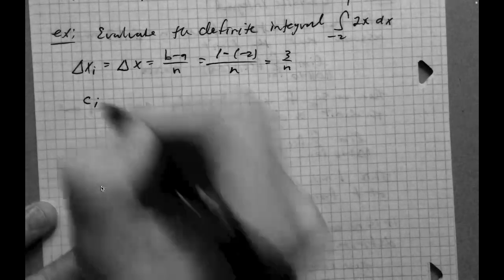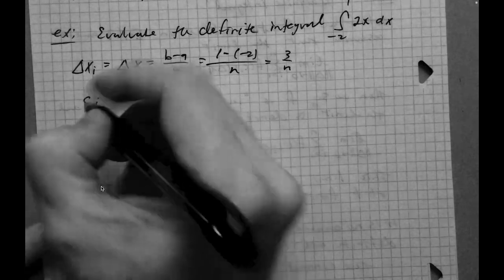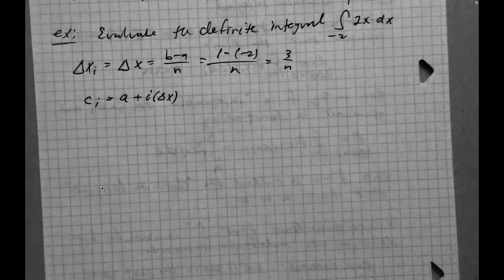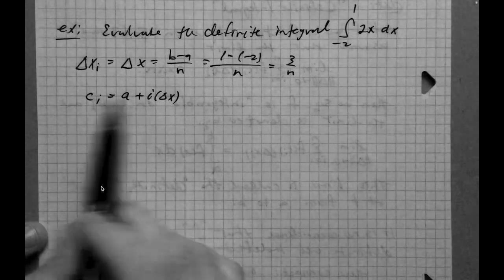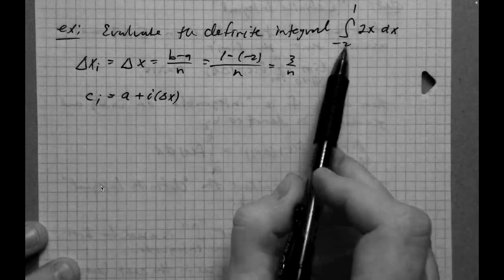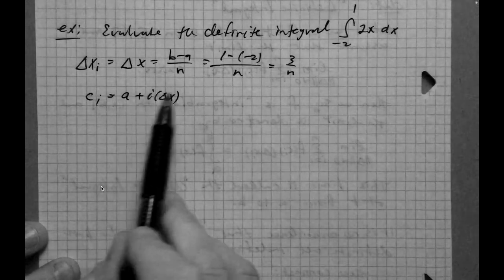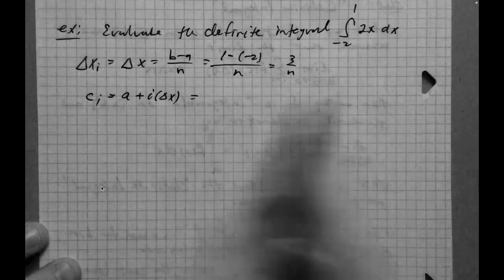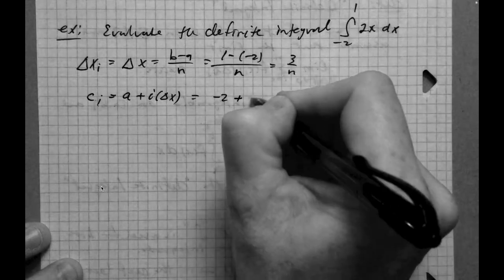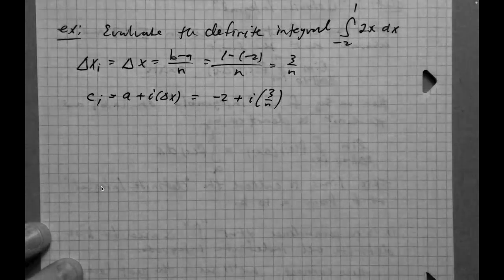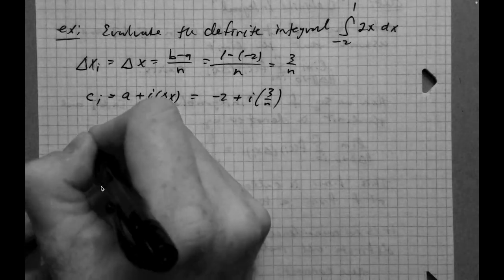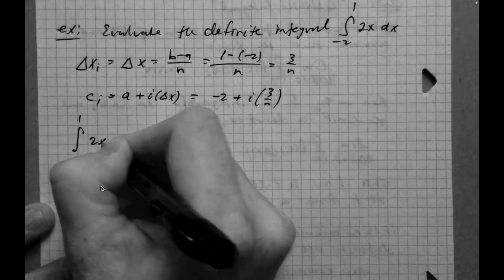And ci we can set up to be a plus i times delta x, where a is the lower endpoint. In the case of this exact example, that would be -2 as the lower bound, plus i times 3 over n. And so then we can calculate this integral, the integral from -2 to 1 of 2x dx.